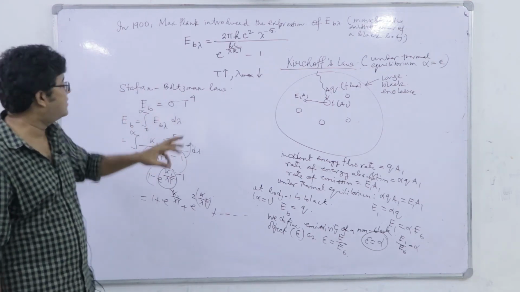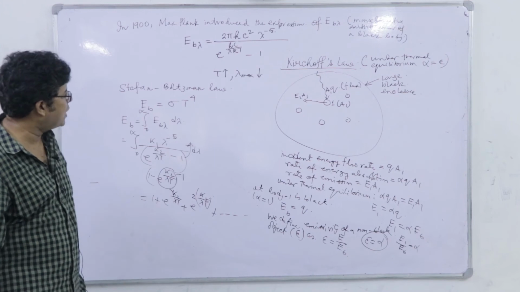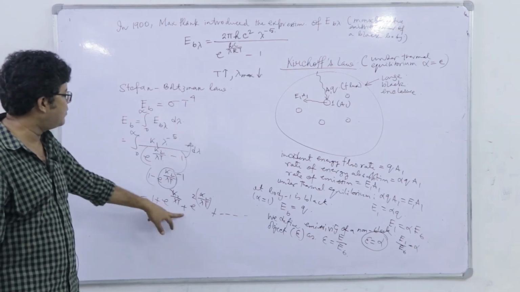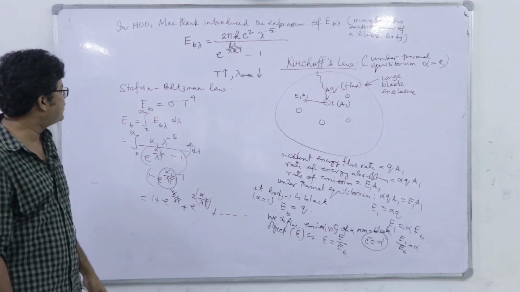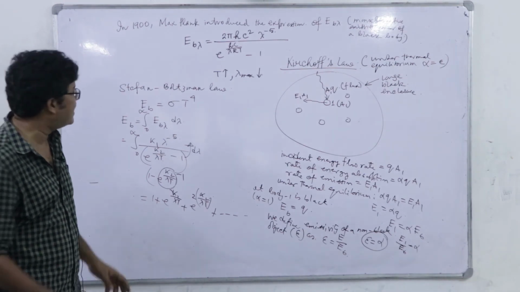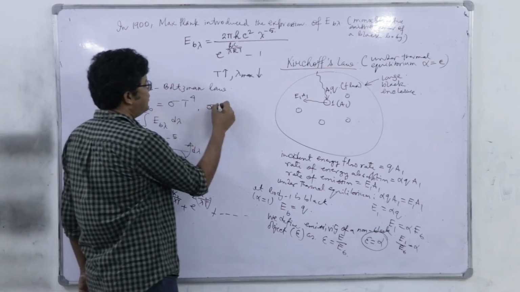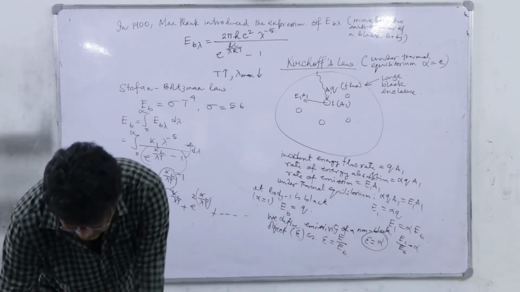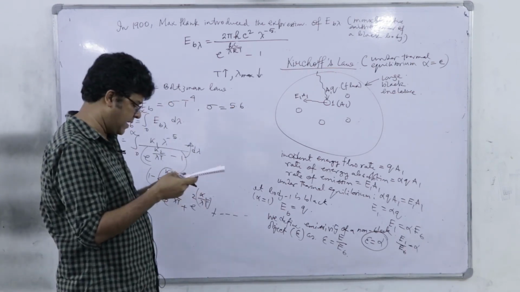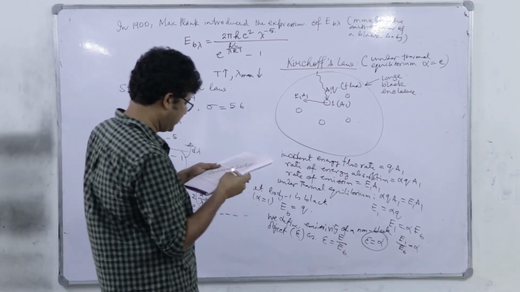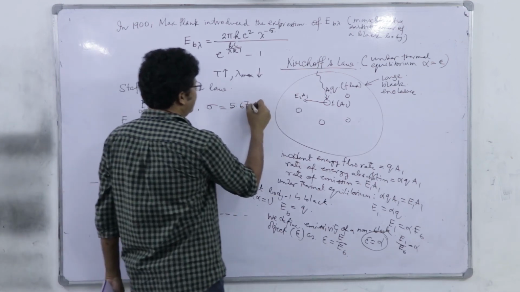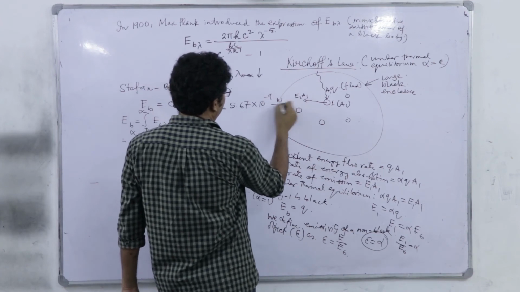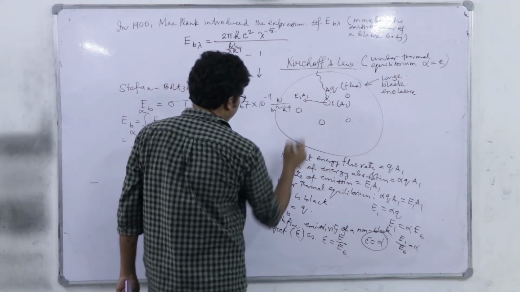Though the exact sigma value, the constant value as predicted by Planck and as proposed by Stefan Boltzmann's law, they are slightly different. According to Stefan Boltzmann law, it is 5.67 or something, 5.67 into 10 to the power minus 8 watt per meter square Kelvin to the power 4.